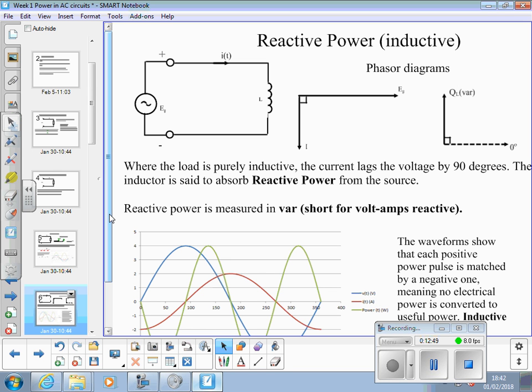Now that can't happen in real life because an inductor is a coil of wire, and a coil of wire's got resistance. But if we imagine we could have an inductor that's pure, then we get current and voltage that are out of phase with each other, 90 degrees out of phase with each other. Happy?